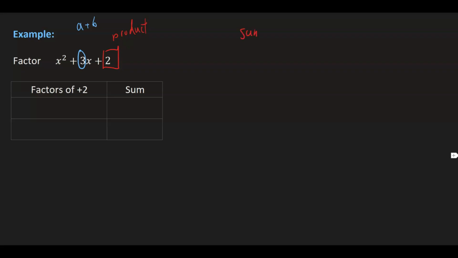All right, so sum of 3, let me do that in blue for a second. Sum of 3. All right, well that's 2 and 1. That's also 1 plus 2, or it's 0 plus 3, or it's negative 1 plus 4, or it's negative 2 plus 5, etc. Notice how this is probably going to go on and on and on forever, right? So the sum is not the best place to start in this case.